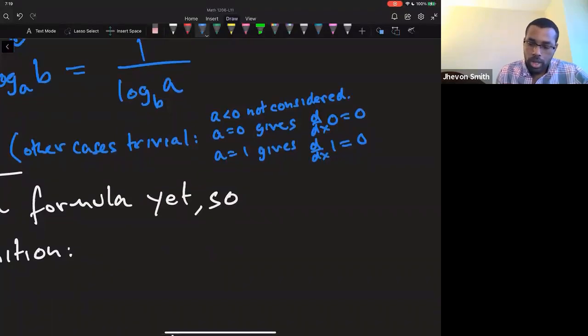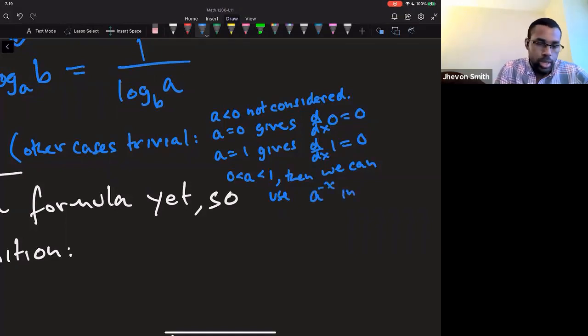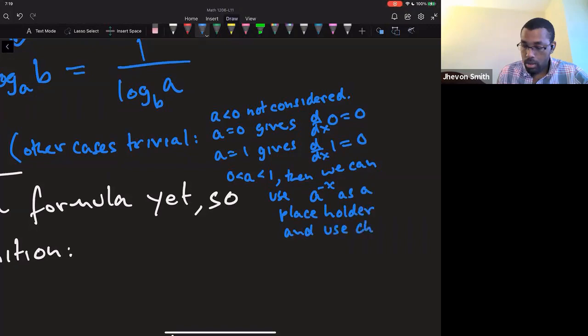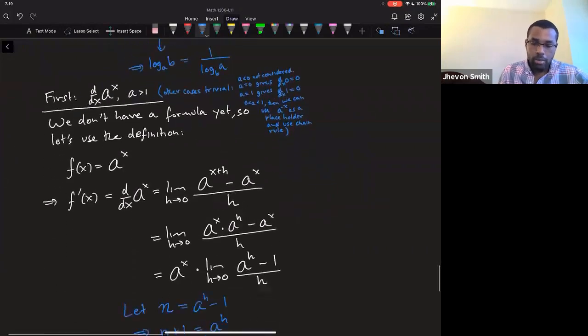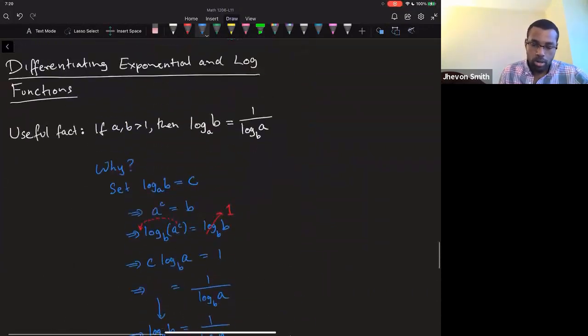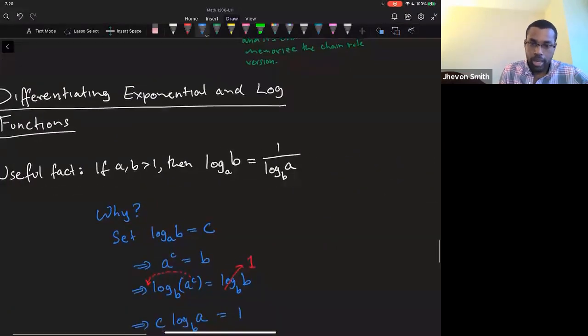We also know that if a is between 0 and 1, then we can use a to the minus x as a placeholder, and of course use the chain rule. So I say all that to say, I only have to worry about the case where it's greater than 1, which is what I told you this formula applies.